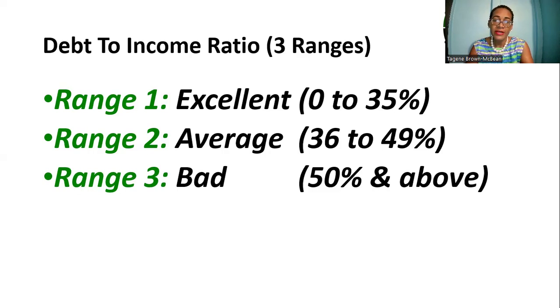So Mary's situation is one where she falls into the excellent category, right? So she doesn't have a lot of loans. And so when she's applying for a loan, and this additional loan is going to be added to what she currently has, when the bank does the calculation, she is in the excellent range, which is range 1, right?